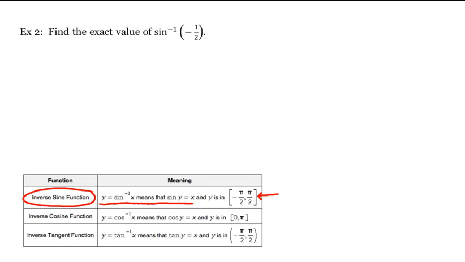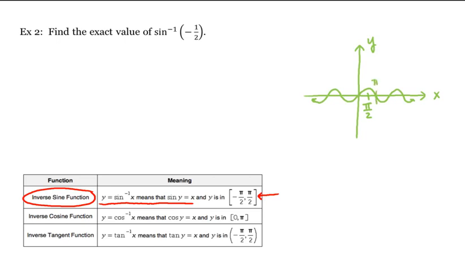And let's graph the sine function to see why this interval works. So here's the y-axis, and here's the x-axis. Sine will look like this. Where this here is pi over 2.